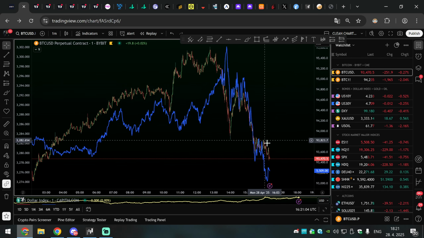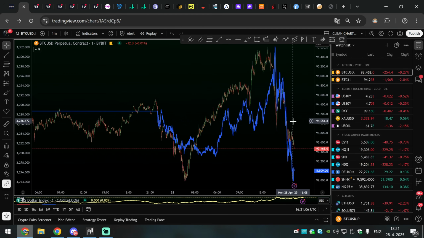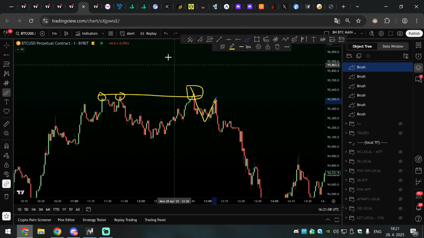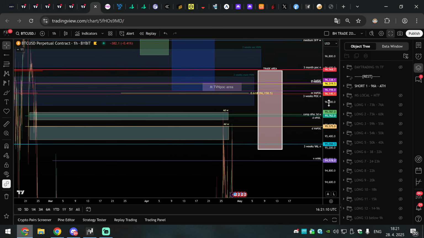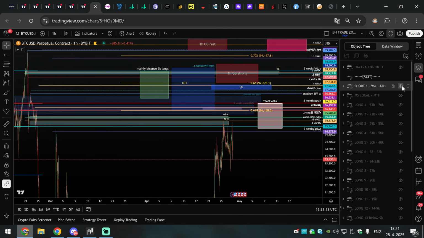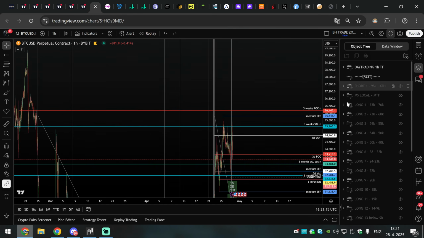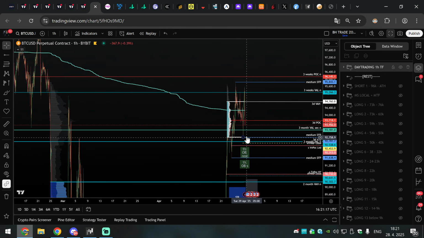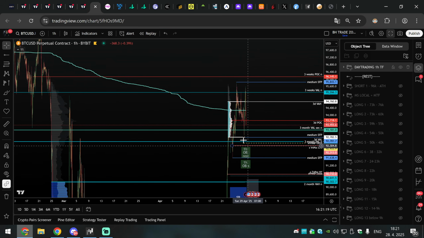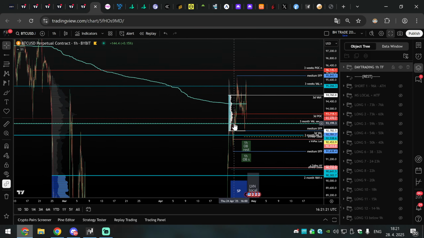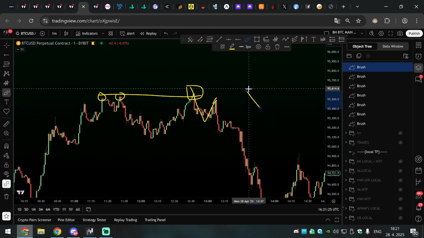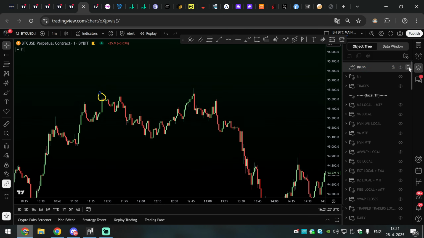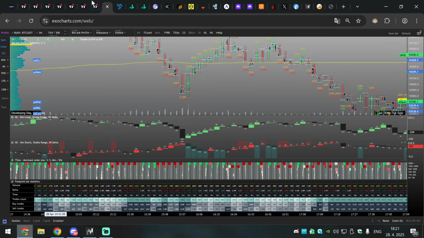So absolutely no, you just sit in your short and you wait for local range rotation. For this range to be rotated down, and then you will have decision points if you hold in the range or not. Okay, so just hold on to your short, but no financial advice. Everything I say is just education, entertainment.